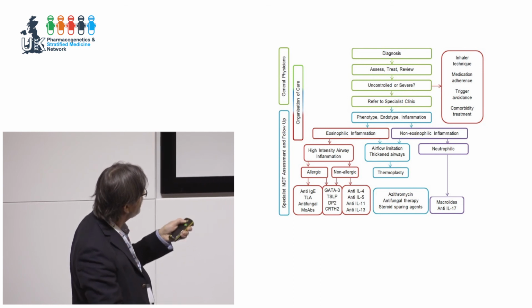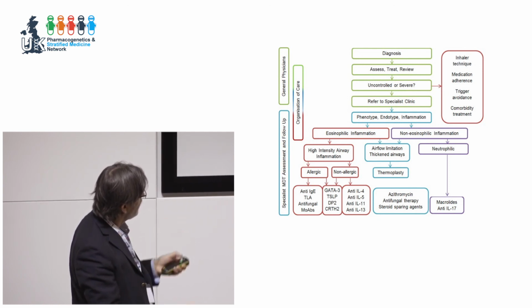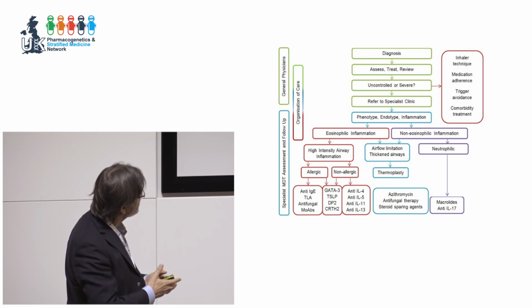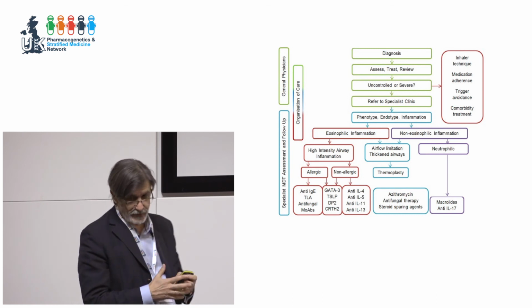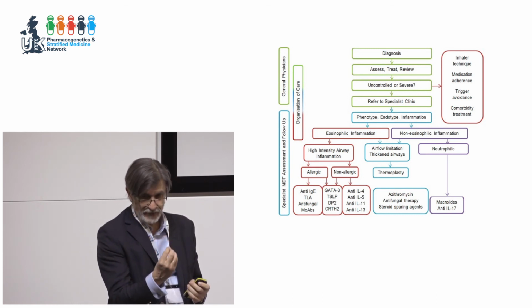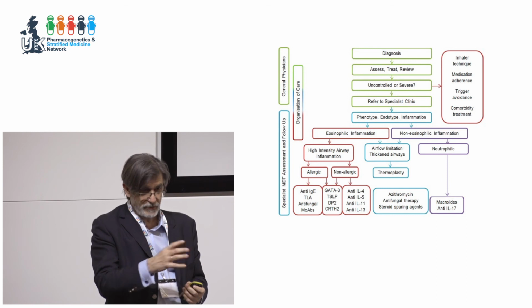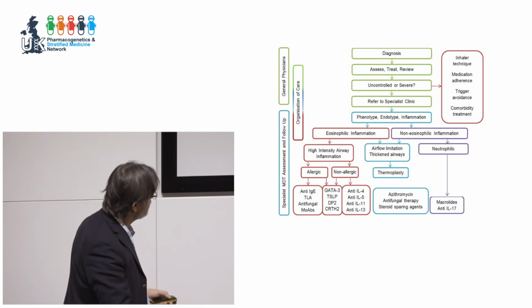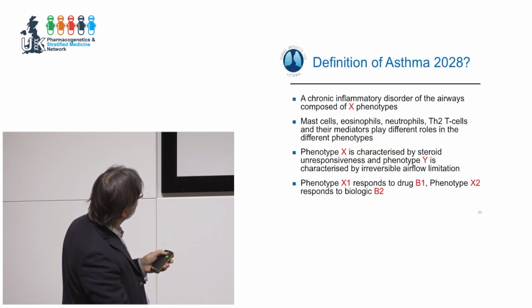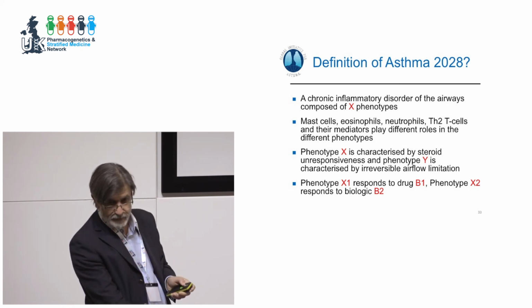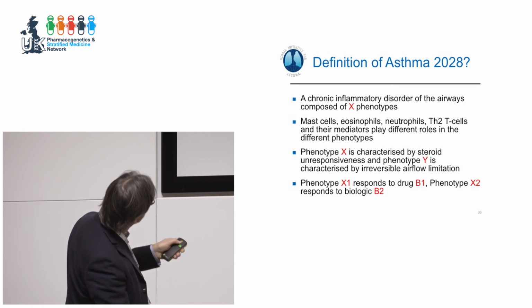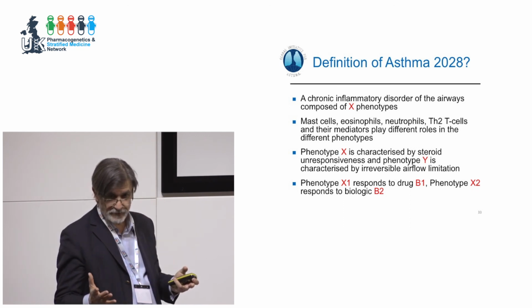We've got, first of all, the clinical assessment of our patients, but what we are now entering is a disease specification and a disease stratification. Without that, we're not going to make any progress. So what I hope is that come 2028, I'll tell you why 2028, we'll be able to redefine asthma, and we'll say it's a chronic inflammatory disease that consists of so many phenotypes.